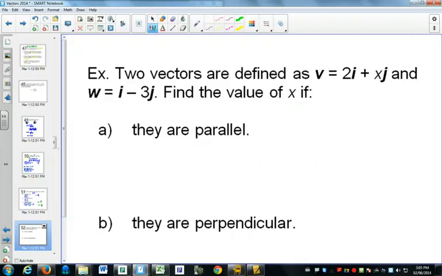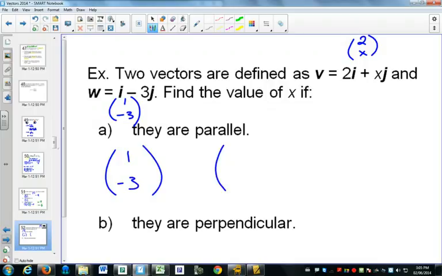So we have our one vector, which is 2 and x, and our other vector, which is 1 and minus 3. So we're going to use the idea that we did in the last example for parallel. If the one vector is 1 and minus 3, and the other vector is 2 and x, and if they're parallel, they'd have to be able to reduce.